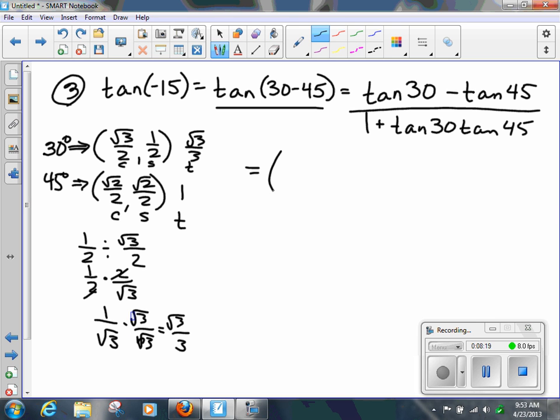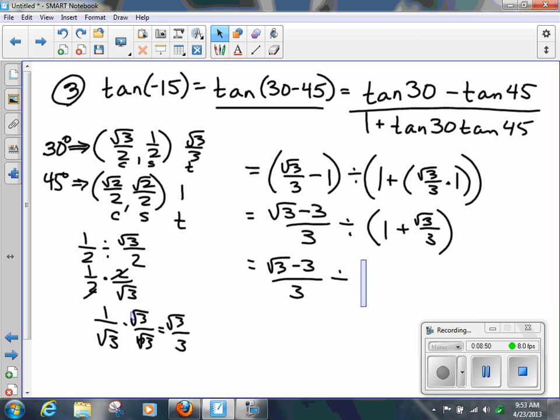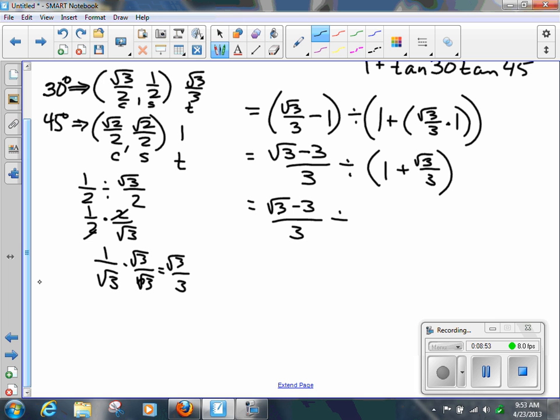Tangent of 30 is, I'm going old school, root 3 over 3 minus 1 divided by 1 plus root 3 over 3 times 1, which is going to be root 3 minus 3 over 3, right? Divided by 1 plus... Right?